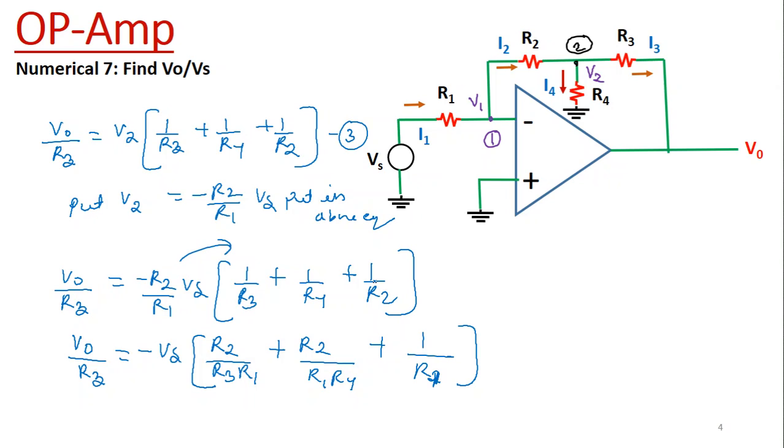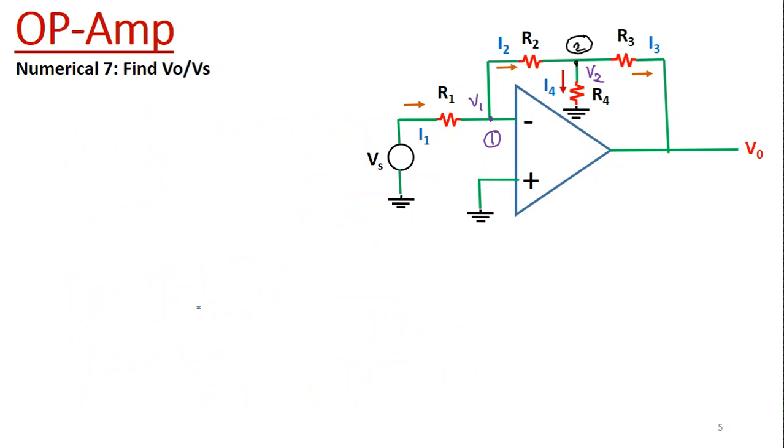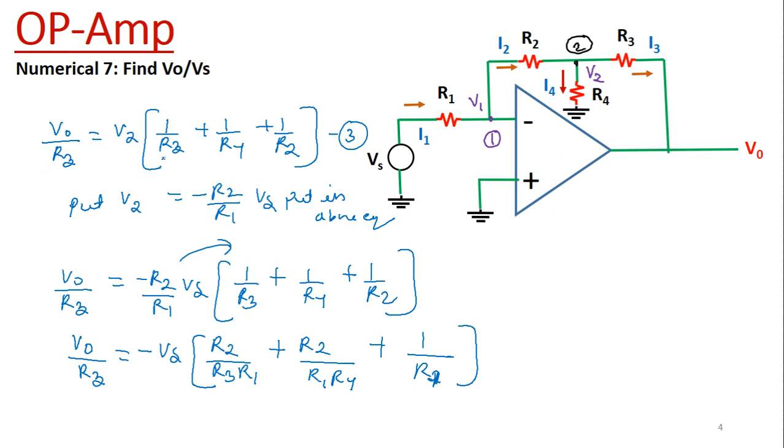Now we multiply this R3 into this equation by cross multiplication. So what are we going to get? V0 is equal to Vs into R3. What was the equation here?